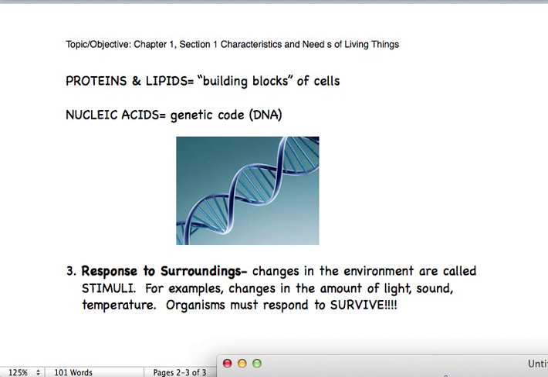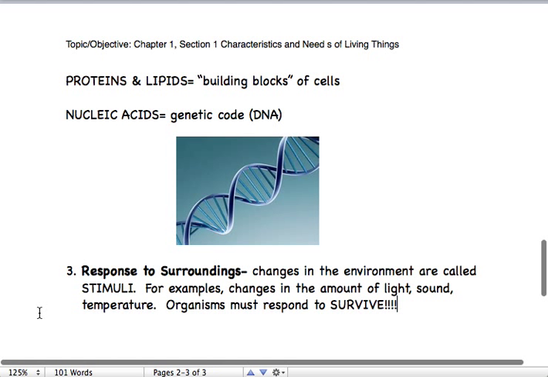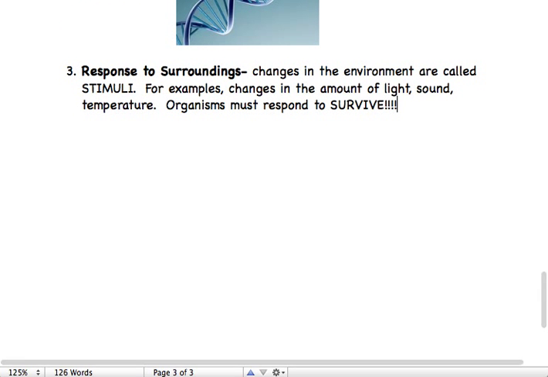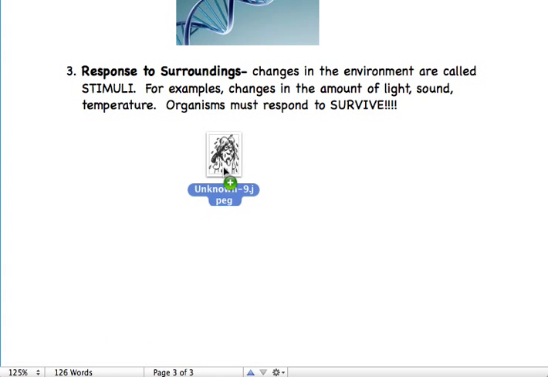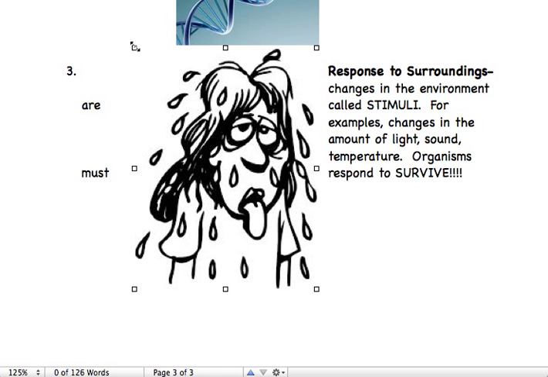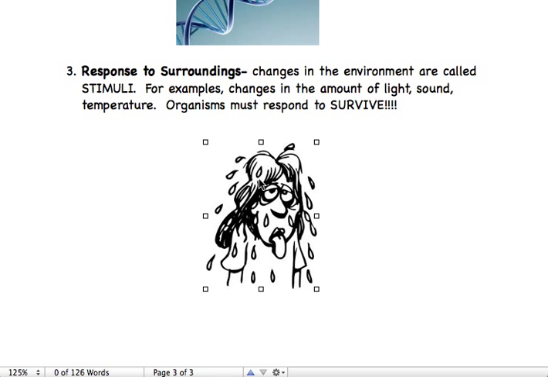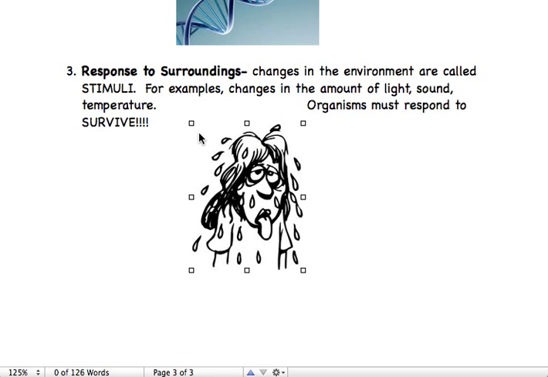For example, change in the amount of light, or sound, or temperature, and organisms must respond to survive. The example that I gave in class was that if it gets really, really hot out, what do we start to do? And everyone correctly answered that we start to sweat. And I think we were actually sweating in class when we were talking about this because it was really hot.